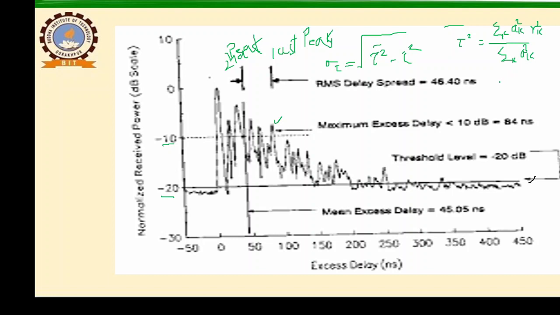So it can also be written as the summation of power P of tau of k times tau of k squared, over the summation of P of tau of k.